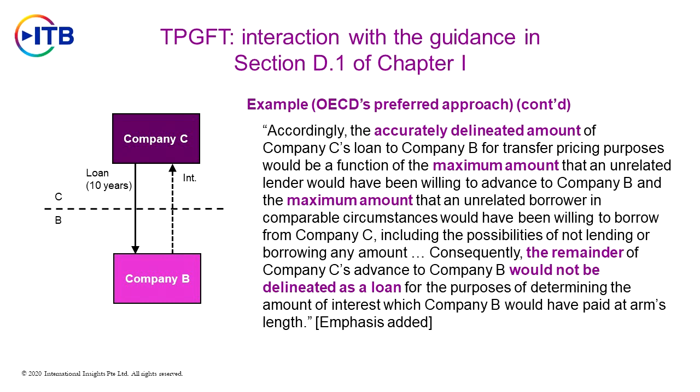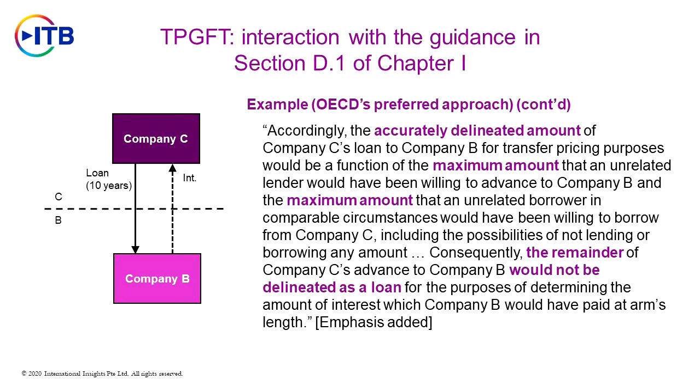Accordingly, the accurately delineated amount of Company C's loan to Company B for transfer pricing purposes would be a function of the maximum amount that an unrelated lender would have been willing to advance to Company B and the maximum amount that an unrelated borrower in comparable circumstances would have been willing to borrow from Company C, including the possibilities of not lending or borrowing any amount.